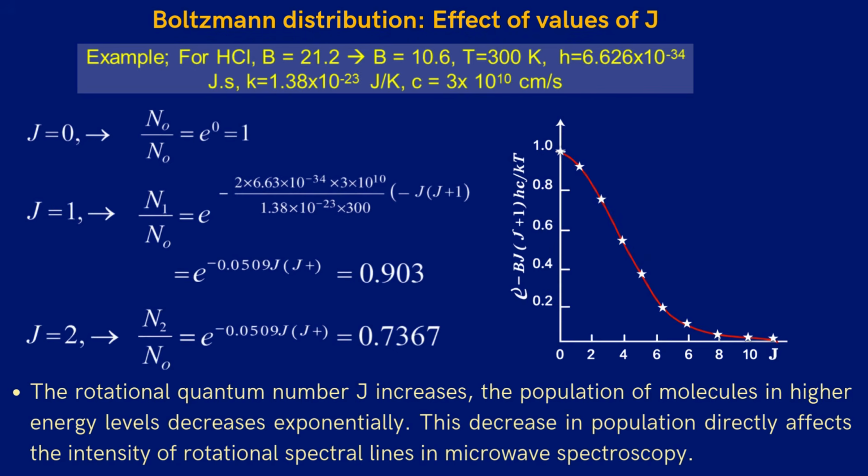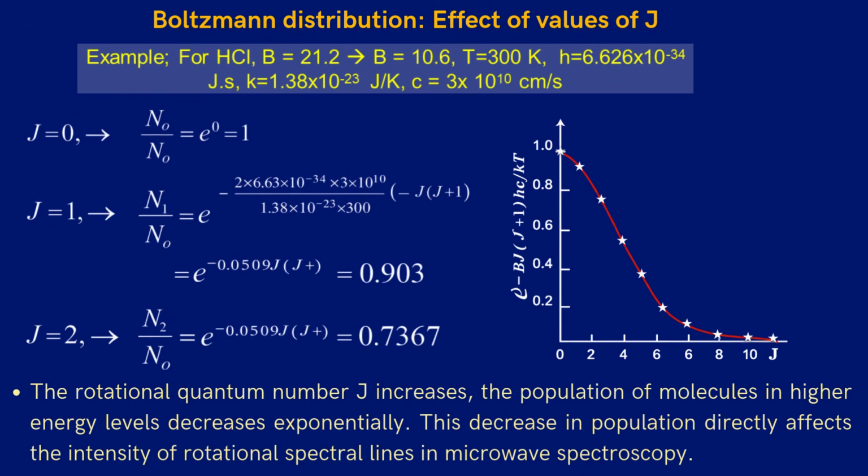Putting the values in the Boltzmann distribution equation, for J equals 0, the exponential term becomes 0, so N0 by N0 is 1. For J equals 1, the population ratio decreases to about 0.903. Similarly, for J equals 2, the population ratio decreases to about 0.737.